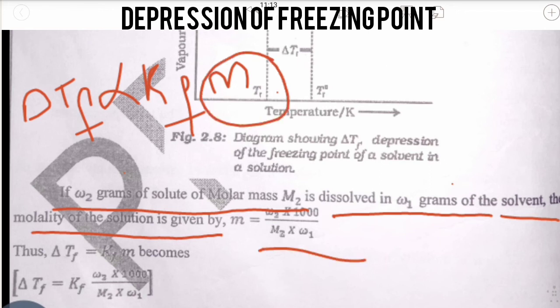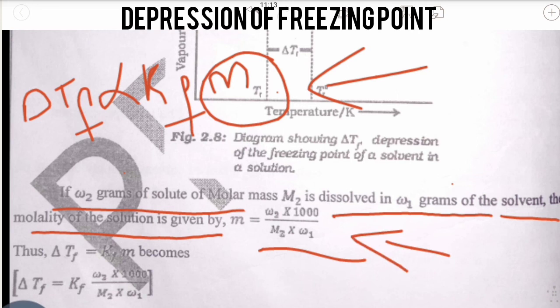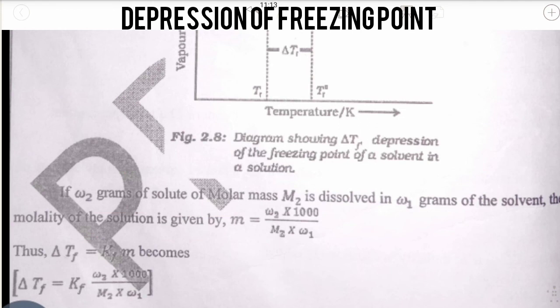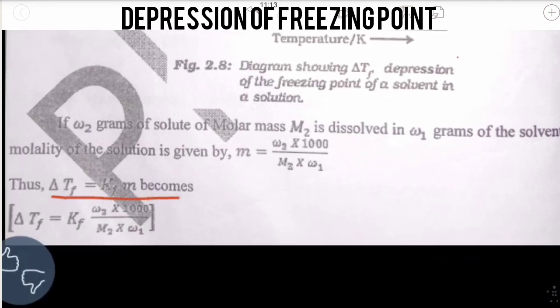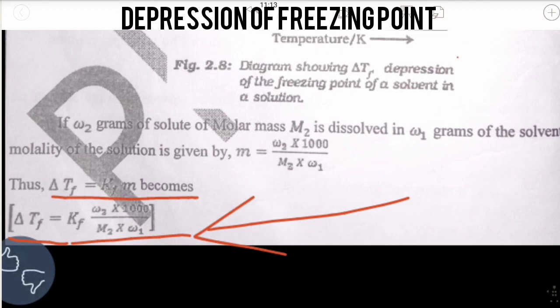We have already learned this in expressing the concentration of solution. When you put this value of m in the equation delta Tf equal to Kf m, delta Tf becomes Kf into W2 into 1000 divided by M2 into W1.